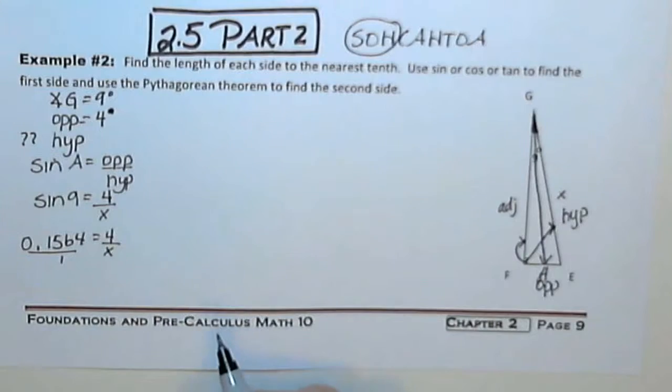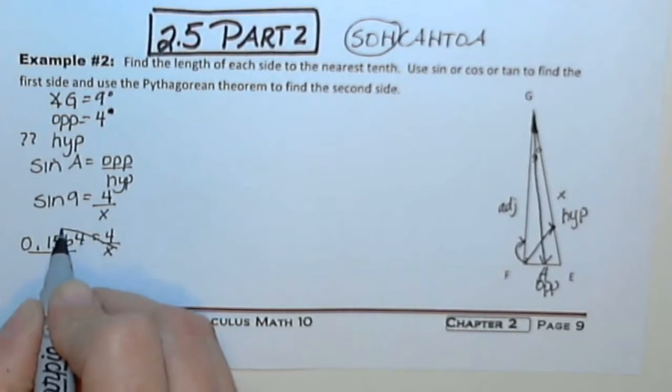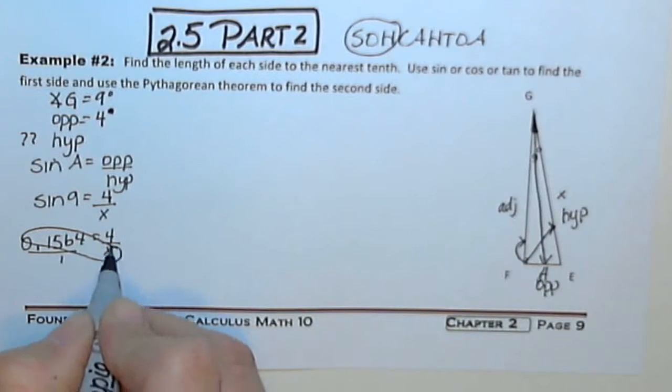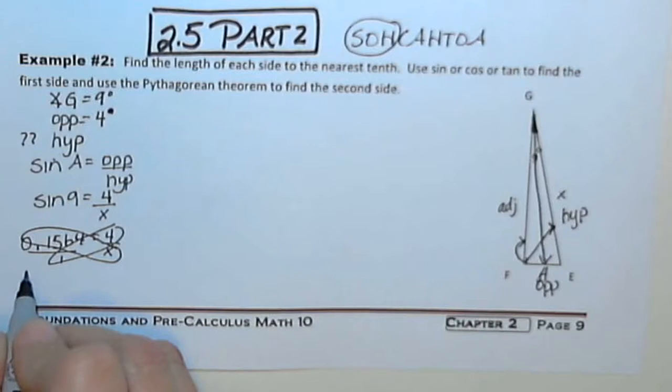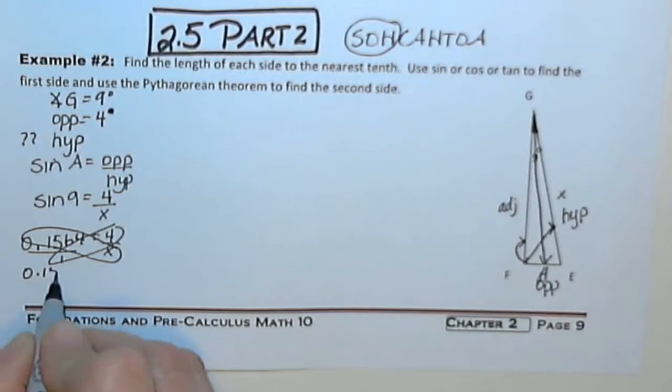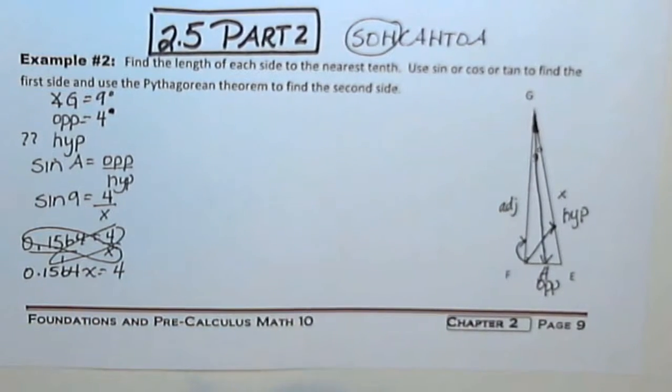I want to put this over 1 like I always do, and I want to cross multiply. This time the x is going to go with that decimal, and the 4 is going to go with 1. And I'm going to end up with 0.1564x is equal to 4. My job is to get the x by itself.